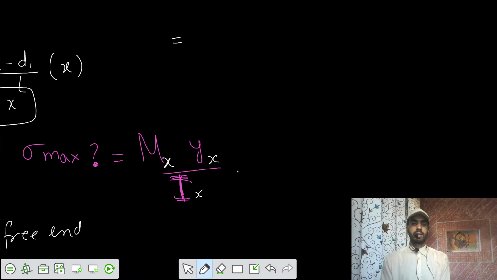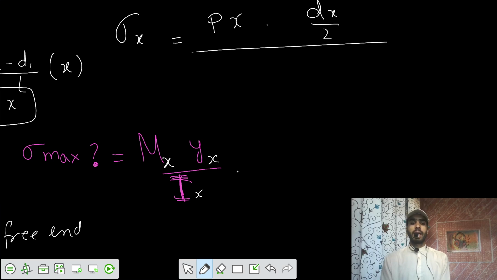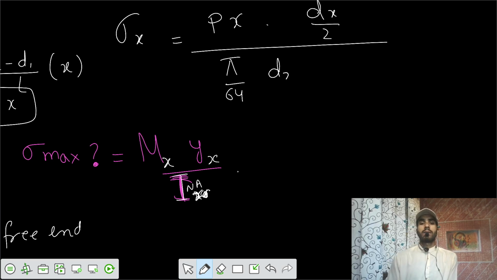We can write that sigma at x equals P into x into y max. Y max was dx by 2, and Ix was the I about the neutral axis at that point x, which is pi by 64 into dx power 4.